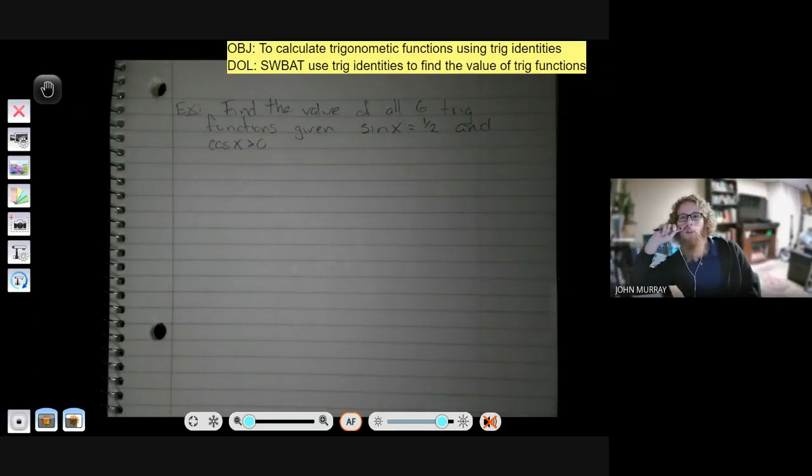We're going to find the value of all 6 trig functions, given that sine of x is 1/2 and cosine of x is positive.